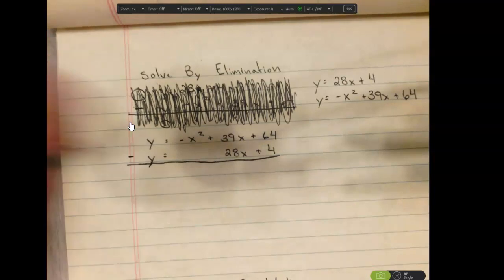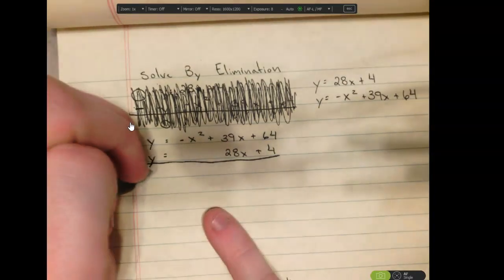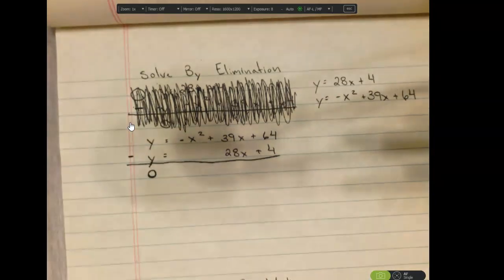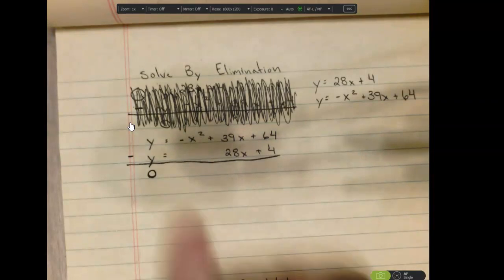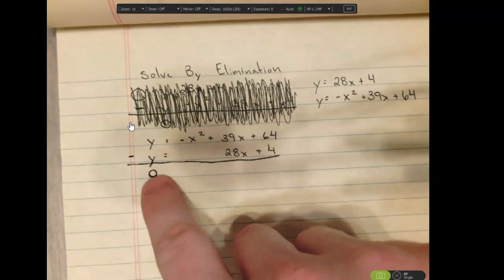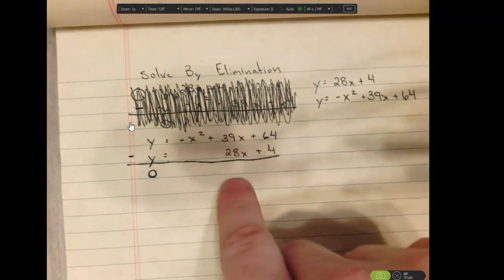Well, it'd be the same thing as doing maybe 1 minus 1. That's going to give me 0. So that is going to eliminate my y altogether. And that's my goal here with elimination. My first step, guys, when I solve these is I want the y's to become a 0 or I want the x to become a 0.